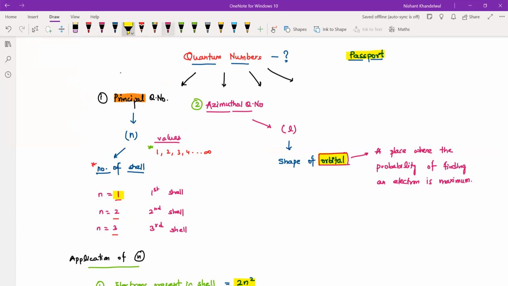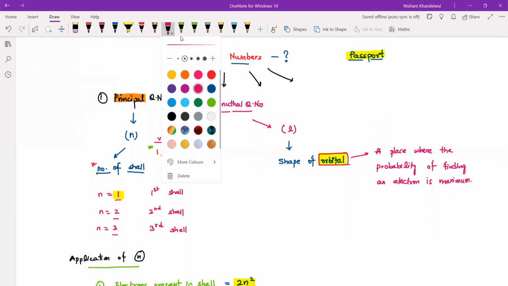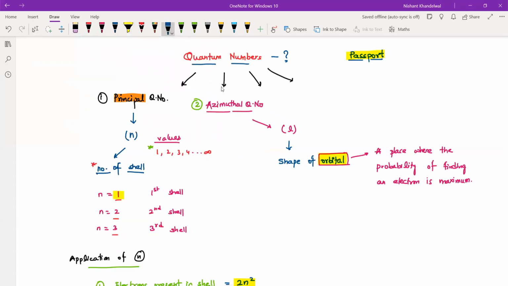Now you must know that the most common orbitals are of four types: s, p, d, and f. The names associated with them are sharp, principal, diffused, and fundamental.